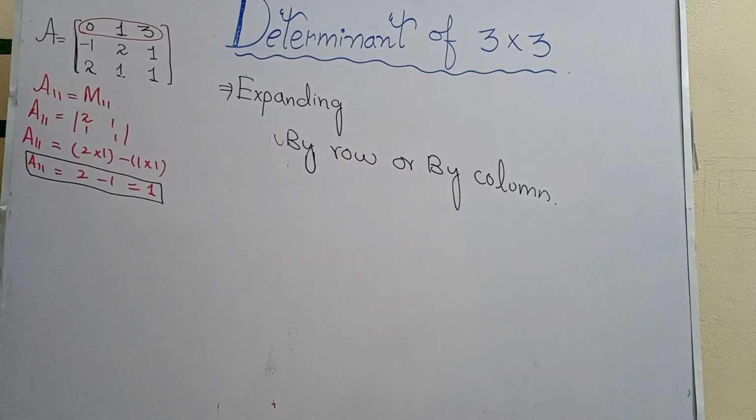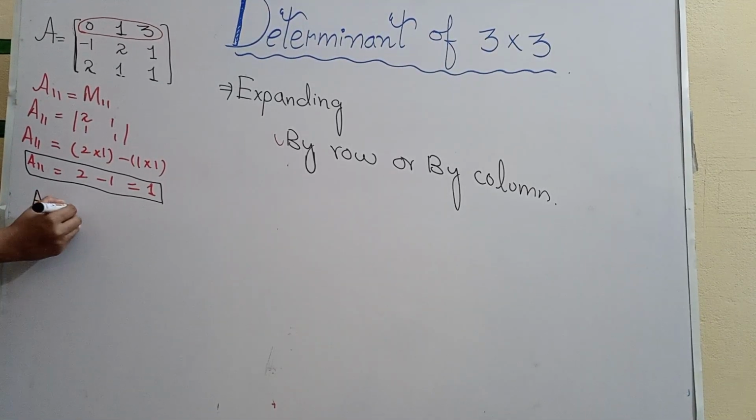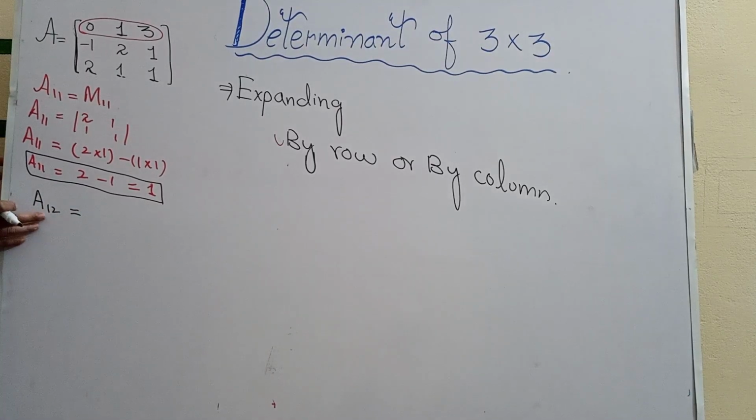Now going towards the cofactor of the second element, that is A12. And here 1 plus 2 becomes 3. So 3 is an odd number, so the power becomes odd and the sign remains negative.